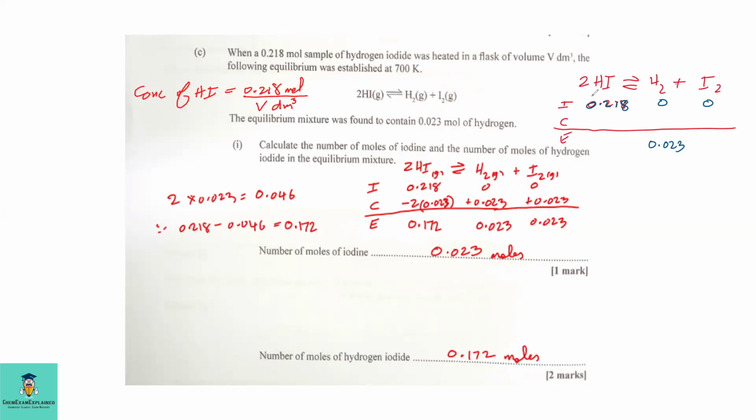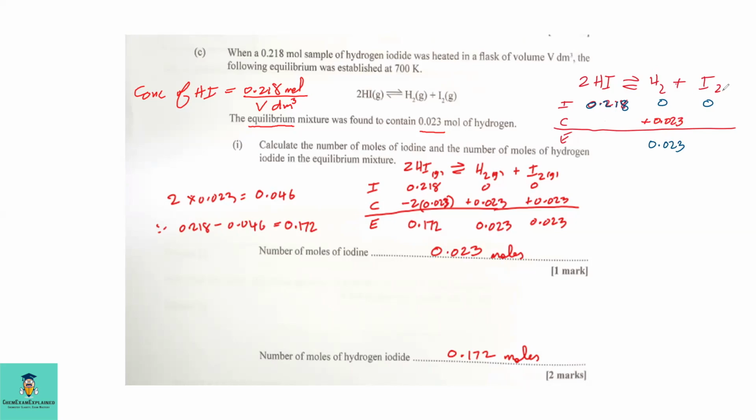But once the reaction starts, we will have a change. What is that change? We can find the change by knowing the amount of H2 gas produced at equilibrium. This is key. At equilibrium, we have 0.023 moles per dm³ of H2. Now, how do we find the change? If we produce 0.023 moles per dm³ of H2 at equilibrium, it means that was added here.